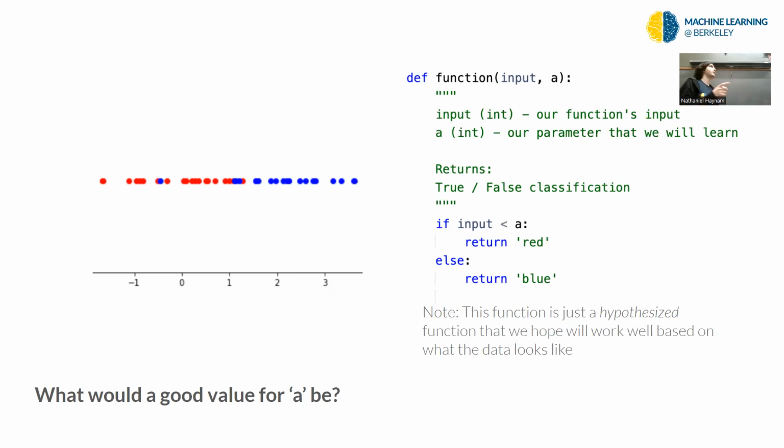Well, we have our parameter a, or our weight. We'll be referring to all parameters as weights in this class generally. They're pretty much interchangeable. We have our weight a, and then we want to know what is a good number on this number line to classify the red and blue data. And that is pretty obviously 1, right? It's right in the middle.